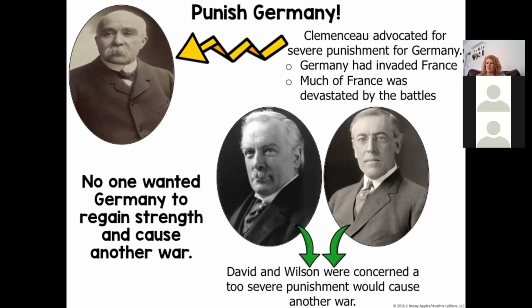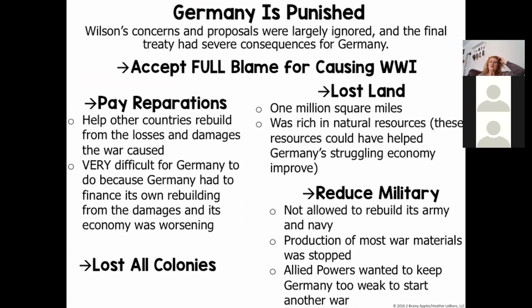Great Britain and the United States have not been as directly affected by the devastation as France was. And so they really want to focus more on a peace that will end the war, but without too many punishments, because that might lead to another war. So they have a different school of thought here. But what ends up in this agreement is that they determine that Germany has to be punished to a certain extent so that they cannot cause another war.